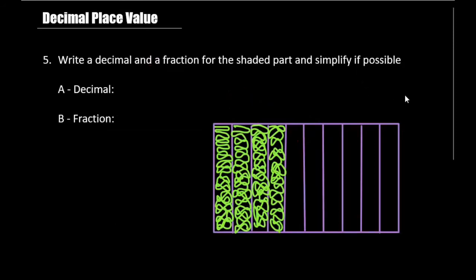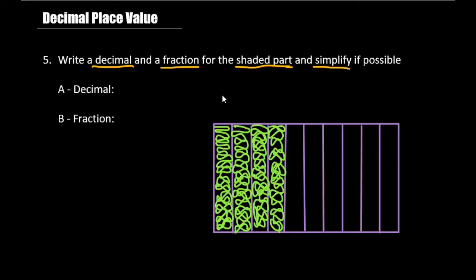Our fifth question is, write a decimal and a fraction for the shaded part and simplify if possible. So we want to write a decimal and a fraction for the shaded part, and we want to simplify it if possible. So first, all we're going to do is see how many parts in total there are.